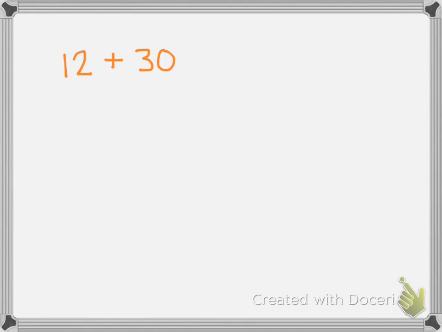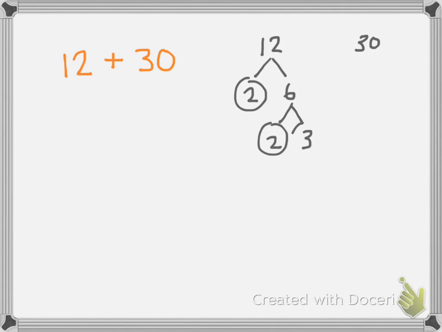I'm going to find the GCF of 12 and 30. So I'm going to use prime factorization since we practiced that today. 12 is 2 times 6. 2 is prime. 6 is 2 times 3, and those are both prime. So there's 12. 30, well, a lot of ways I could do this.